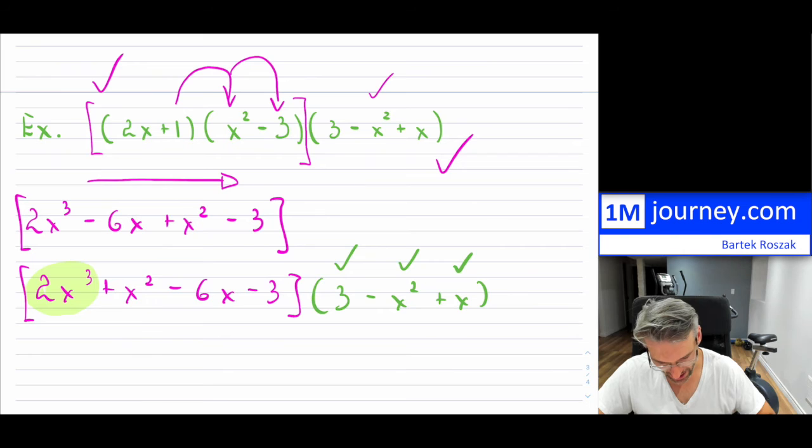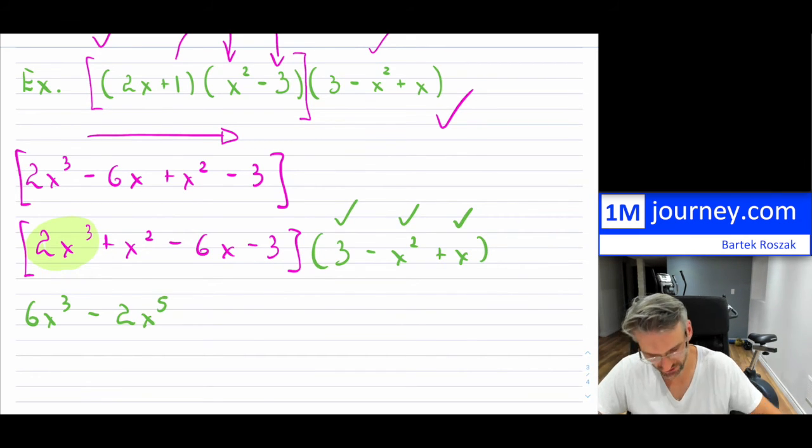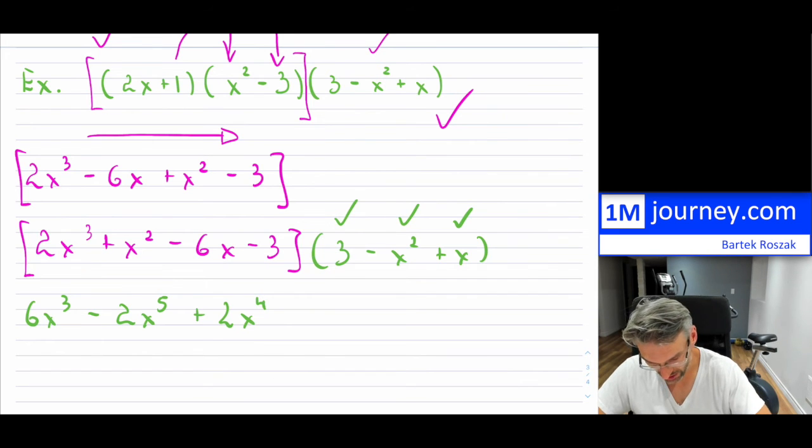So this is going to be 6x cubed, that's times the first one, minus 2x to the 5th, notice there, and then plus 2x to the 4. All right, so that's my first one. And now I have to do this for every single one.